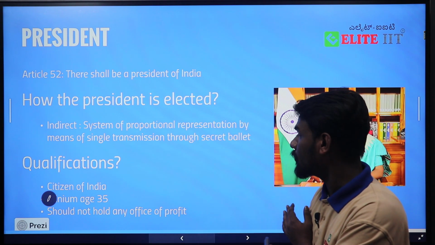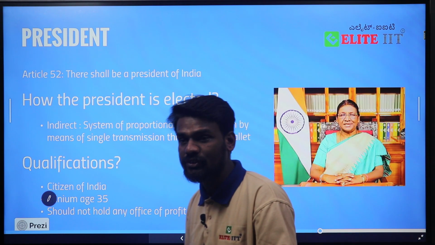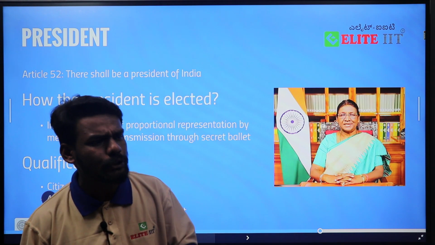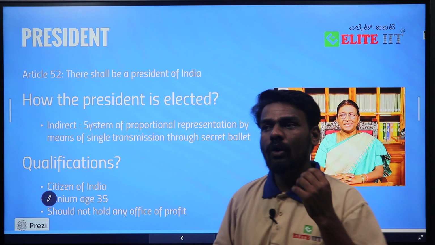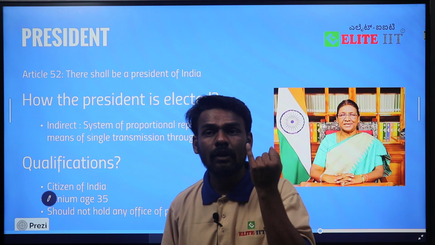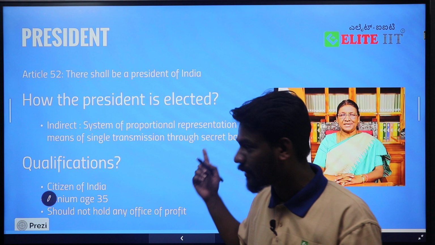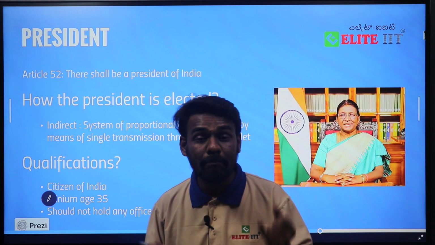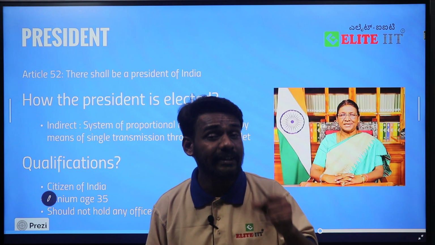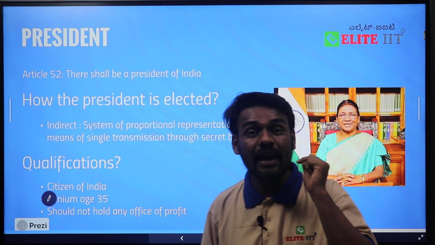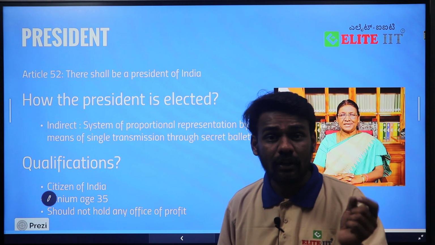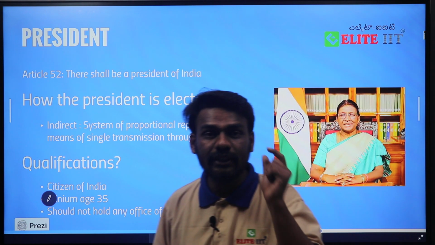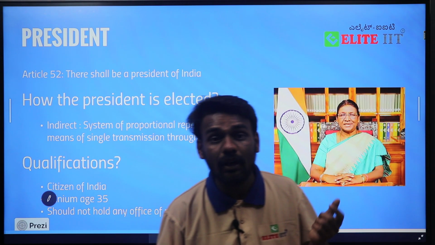It is an indirect election through secret ballot. Indirect election in the sense of who is eligible to vote. Normal citizens are not allowed. Then who will vote? Only members of parliament, especially the elected members of Lok Sabha and Rajya Sabha, only elected, not nominated, are eligible.